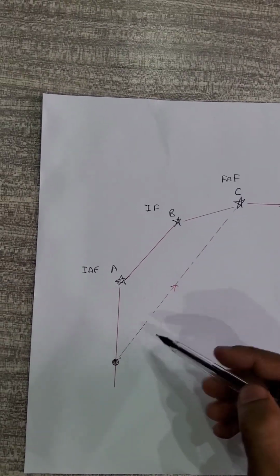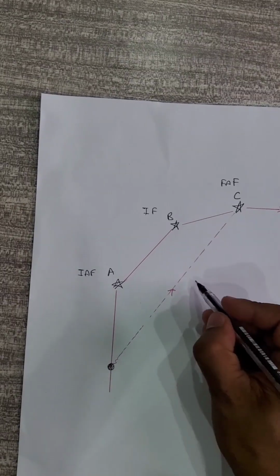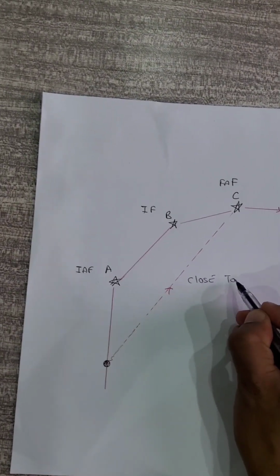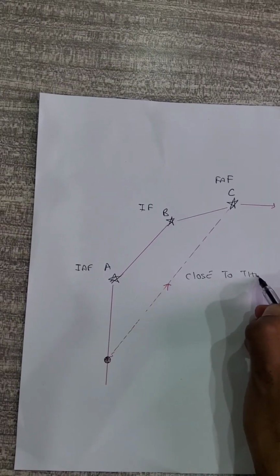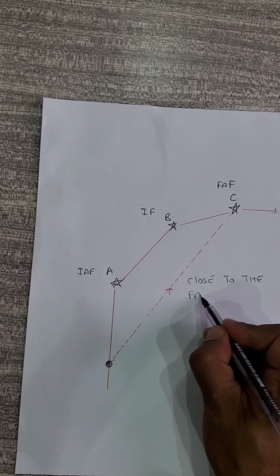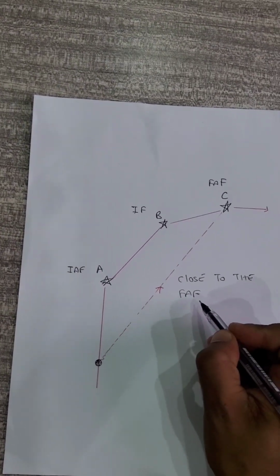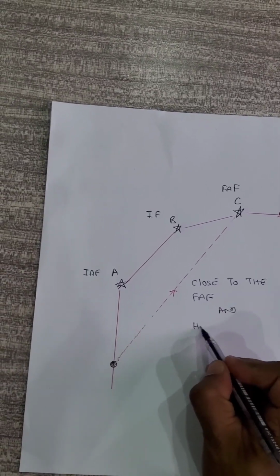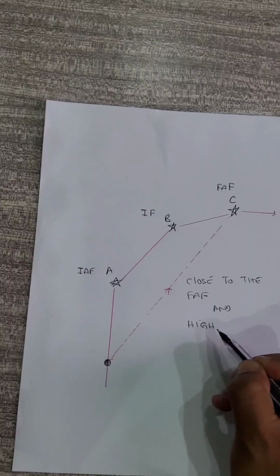So this routing means that you are close to the final approach fix in this case, if we take that as an example, and we are also very high.